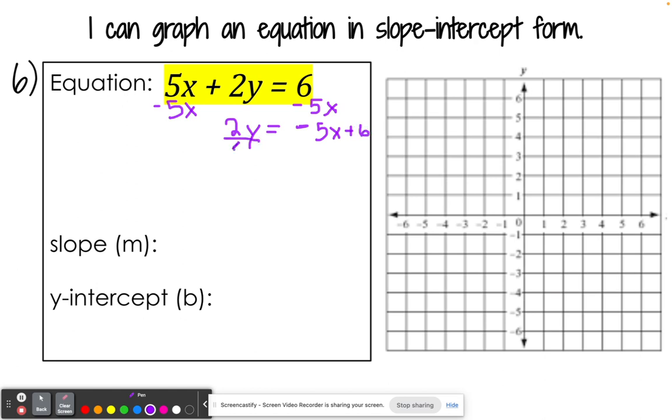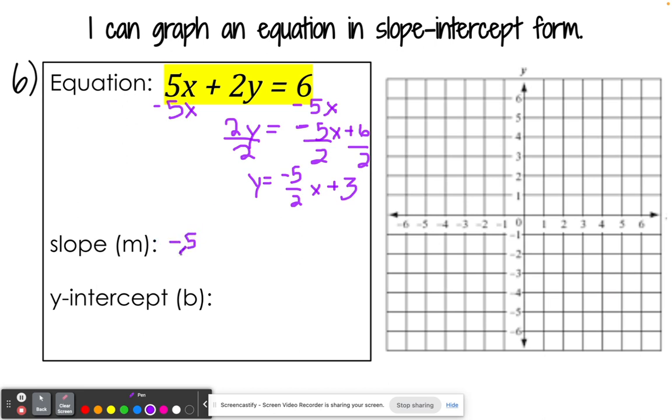I can see that. Divide by 2, divide by 2, and divide by 2. So y will equal negative 5 over 2 x, and 6 divided by 2 is positive 3. My slope is negative 5 over 2.